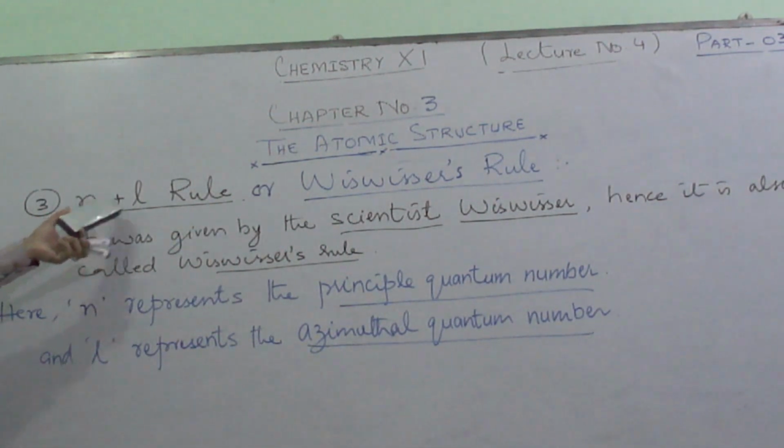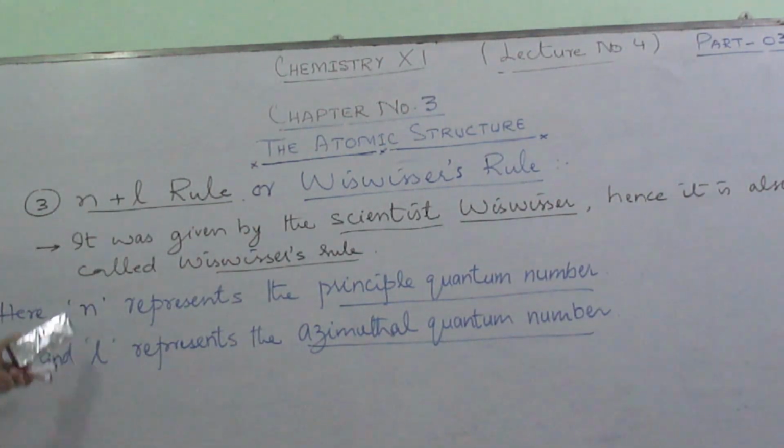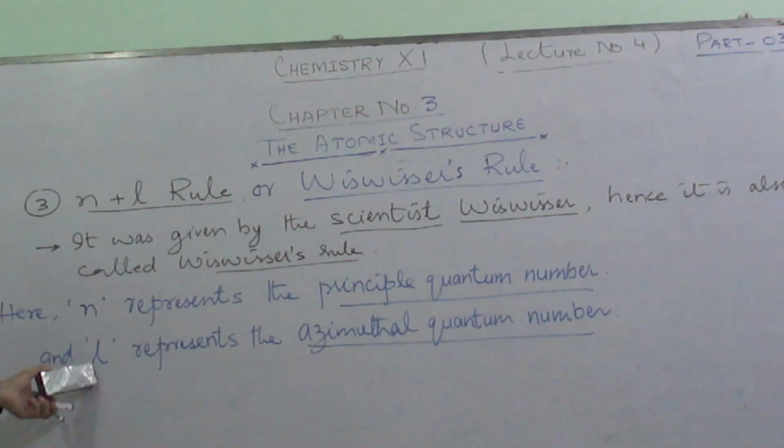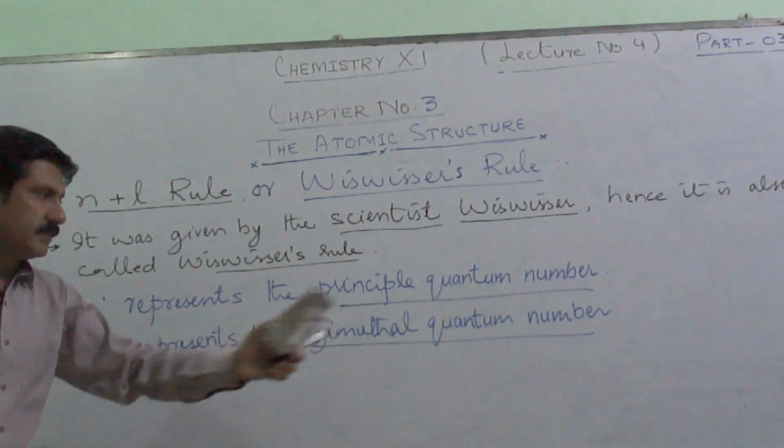So in this rule, n plus l rule or Wiswesser's rule, n is the symbol used for the principal quantum number, while l is the symbol used for the azimuthal quantum number.